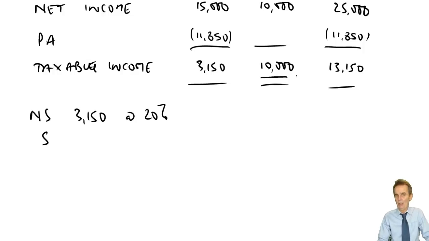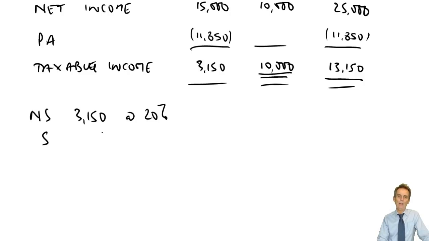Does any this time of the 0% starting rate band apply? What was the rule? The rule was if any part of this taxable savings income is within the first £5,000 of your total taxable income, then it will benefit from the 0% starting rate. As you can see, our taxable income so far is only £3,150.